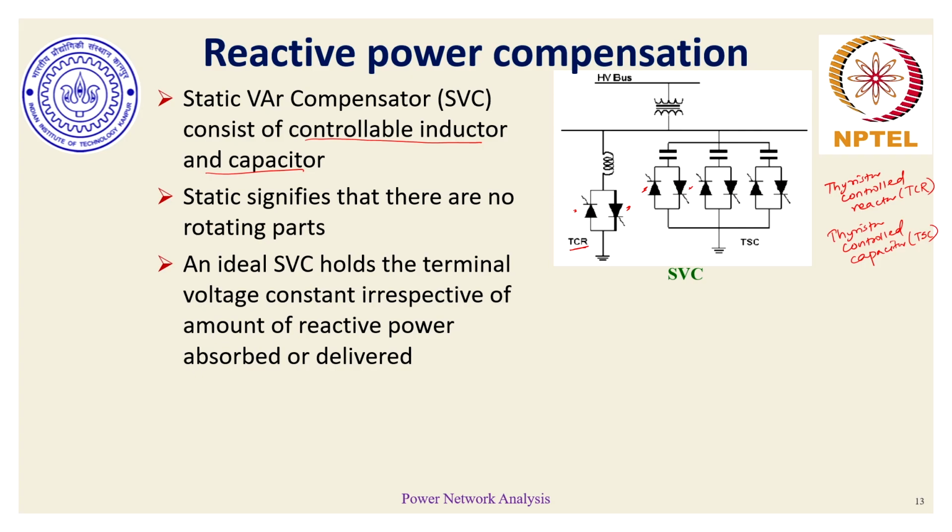Ideally, a static VAR compensator should be able to hold the voltage of the terminal at the HV bus to a constant profile, irrespective of whether the reactive power is higher or lower.